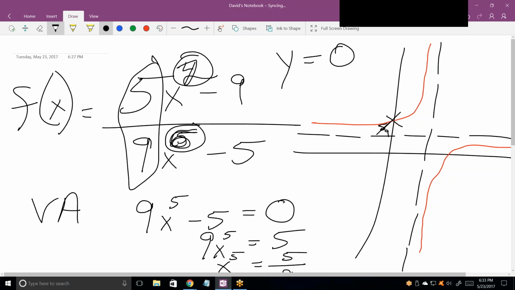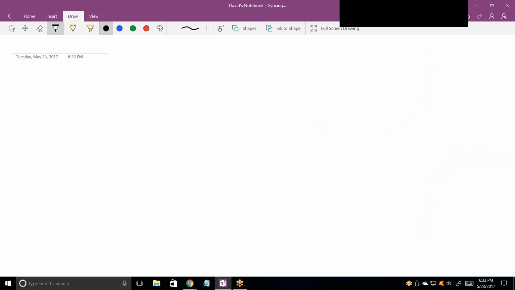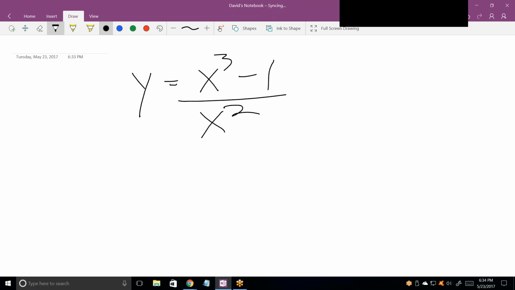Okay. And that applies to all. Let's just talk about this for a moment. In this case, the top is bigger than the bottom. Guess what? That creates an oblique asymptote if it's exactly a difference of 1.